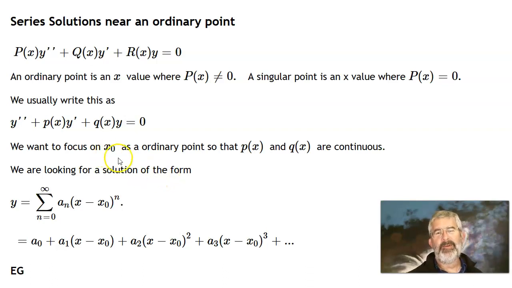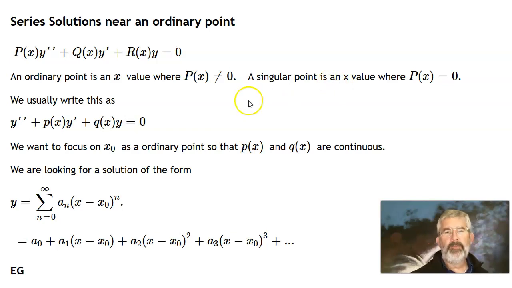So x0 has a special name. It's called an ordinary point, and an ordinary point is one where capital P is not equal to 0. Okay, so that lowercase p and lowercase q will be continuous at those points. If it's not an ordinary point, then we call it a singular point.